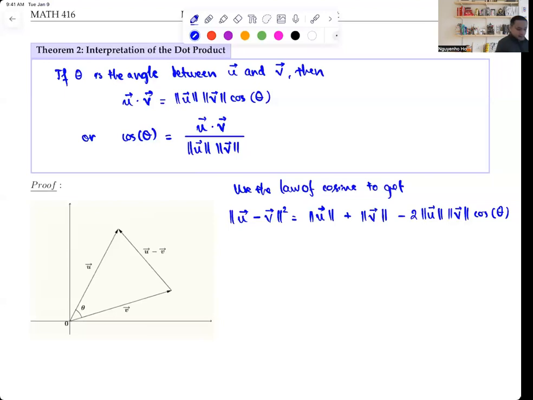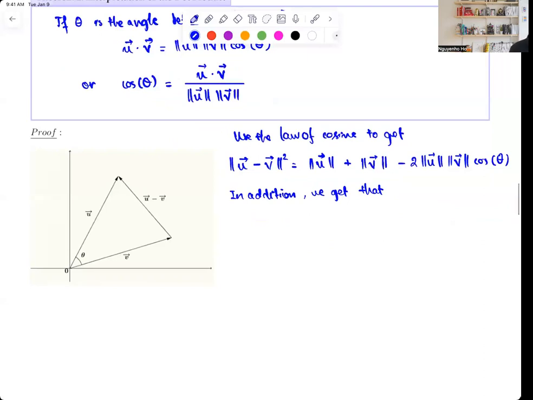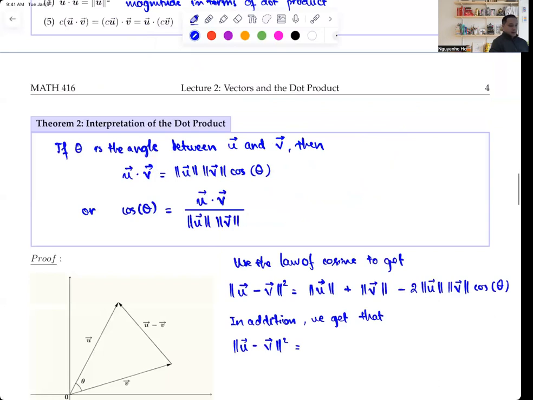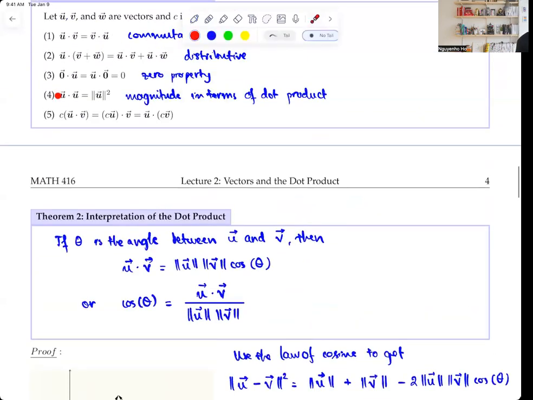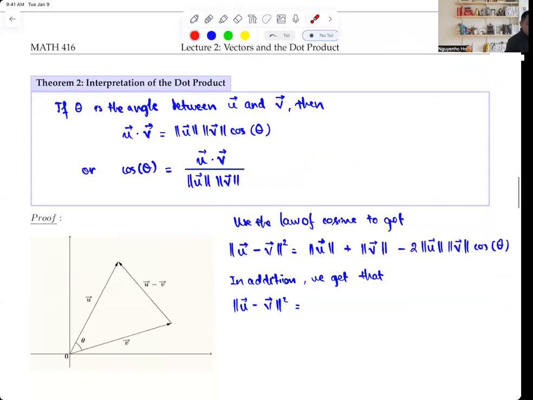In addition, we get that the magnitude of u minus v squared, we're going to apply one of the properties that we saw earlier, more specifically property 4 right here, that writes the magnitude in terms of the dot product.